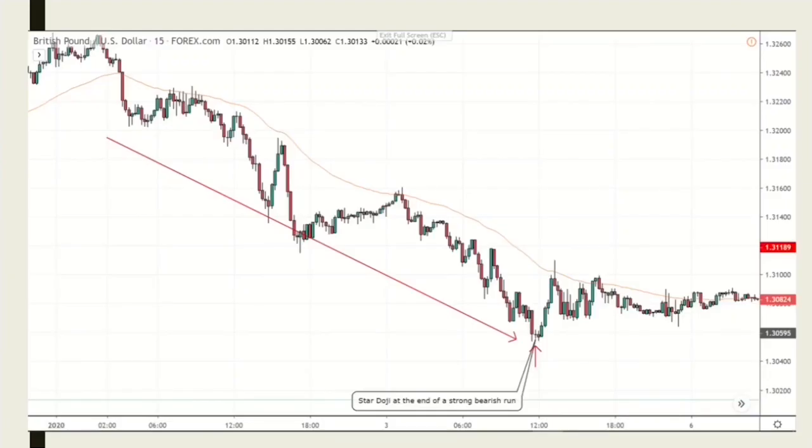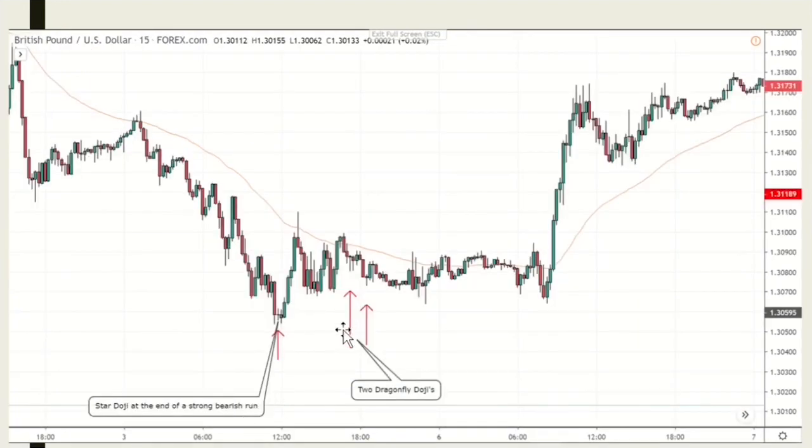So let me show you these in action. Here you have a star doji, right there, at the end of a bearish run, like I said. And you see the star doji is the first signal to buy. It is at the lowest point in this move, and you can see price pushes up 50 pips and actually ends up pushing higher, which I'll show you in a second, because you have a star doji and then two dragonfly dojis here and here.